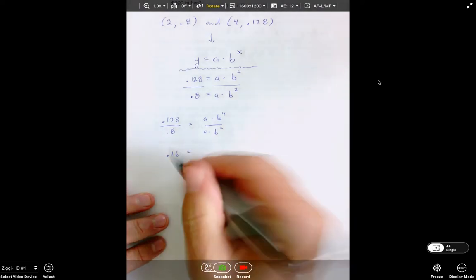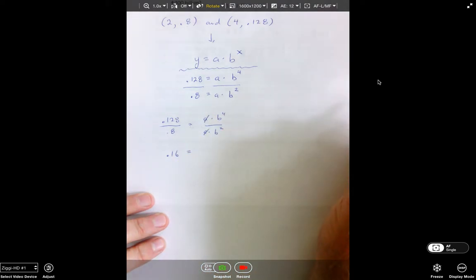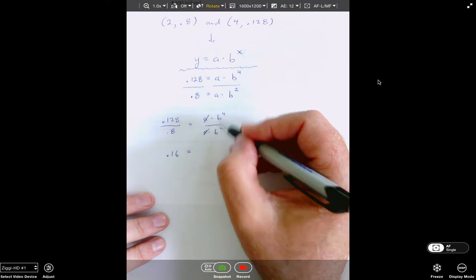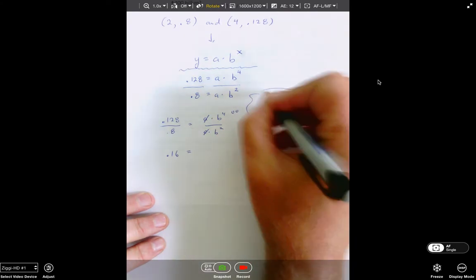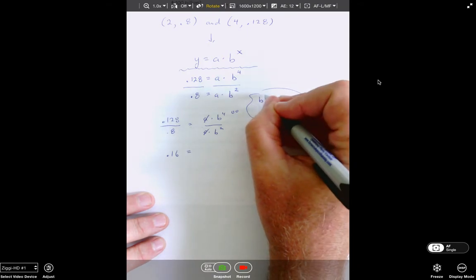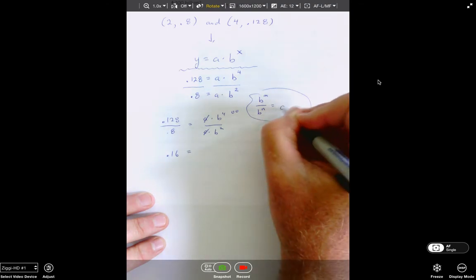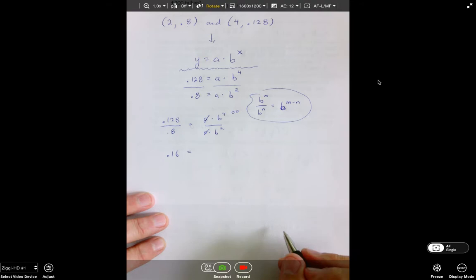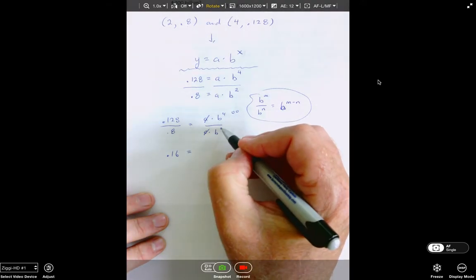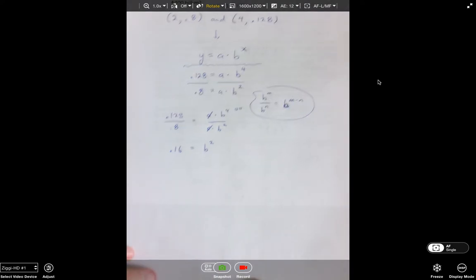These a's will cancel. And what do I have? I have b to the 4th over b squared. Guys, remember when I have b to the m power over b to the n power, I have b to the m minus n. So 4 minus 2 gives me 2. So I have b squared.